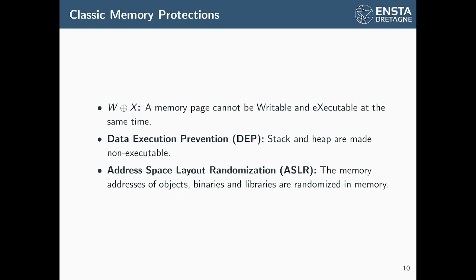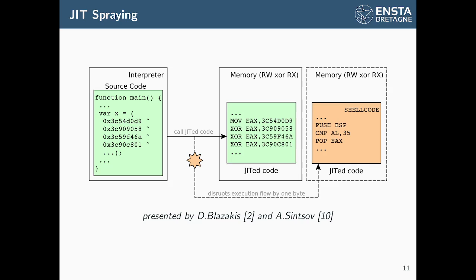And you've got a mechanism called address space layout randomization that will randomize the location in memory of objects, binaries, and libraries. So this all makes the attacker have a hard time guessing where the JIT code is in memory and how to execute it. So there have been some ways to execute it anyway.